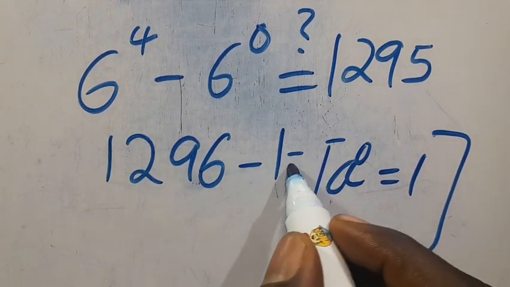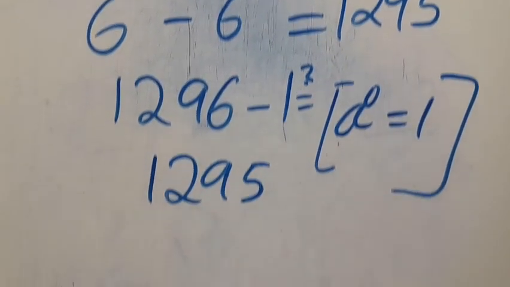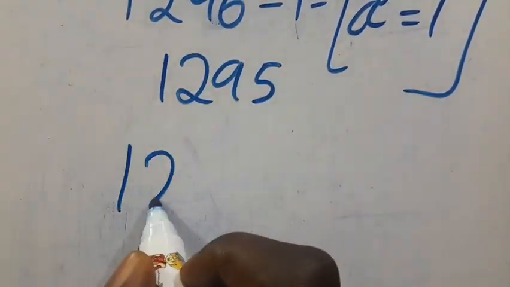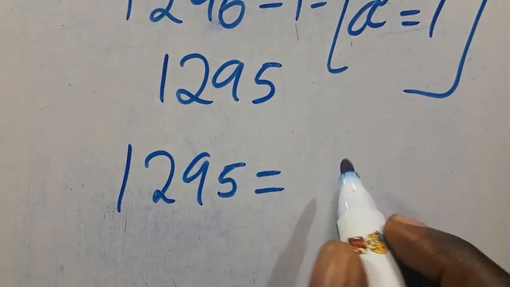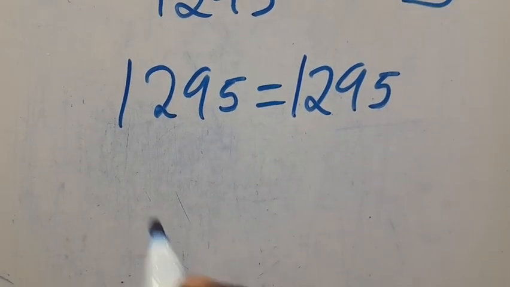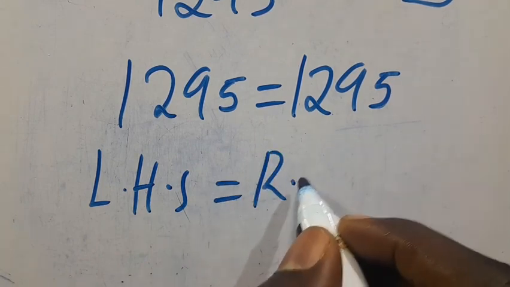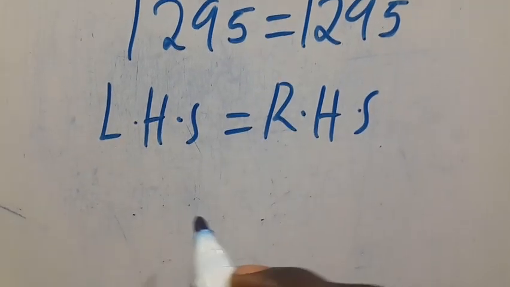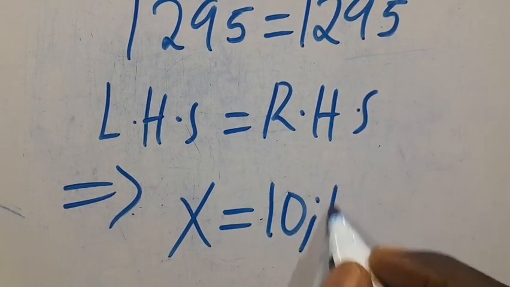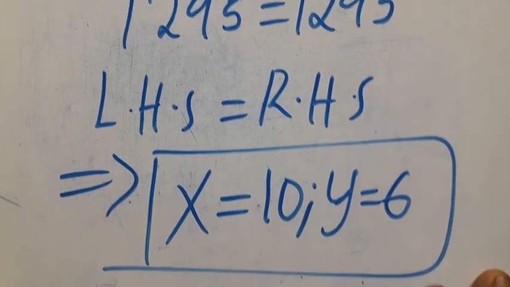So then it is going to give us 1296 minus 1, which gives us 1295, which equals 1295. So the left hand side equals the right hand side. This implies that x equals 10, y equals 6 satisfy the problem given to us.